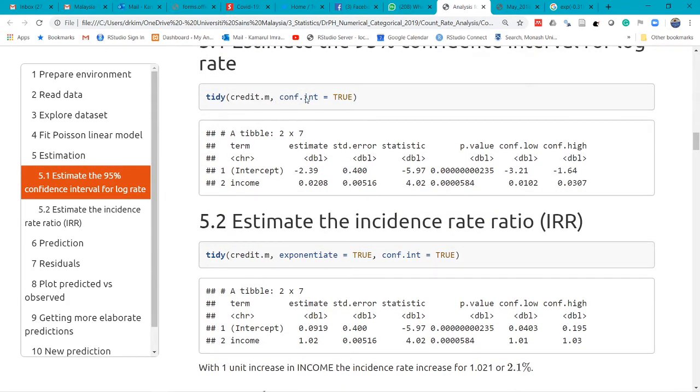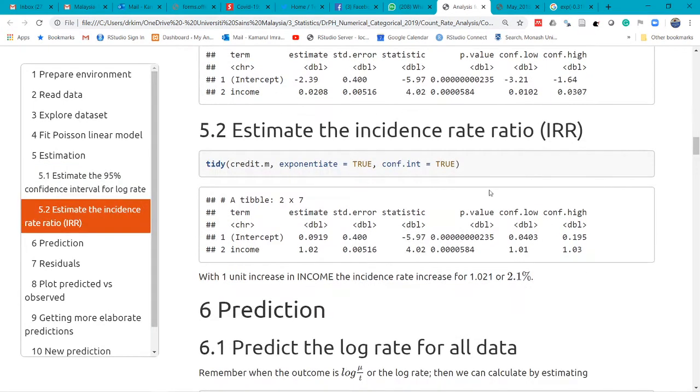Specify conf.int to get the 95% confidence interval of the log of rate. Then you can exponentiate the results by specifying exponentiate equal true, and this is the incidence rate ratio, or incidence rate.